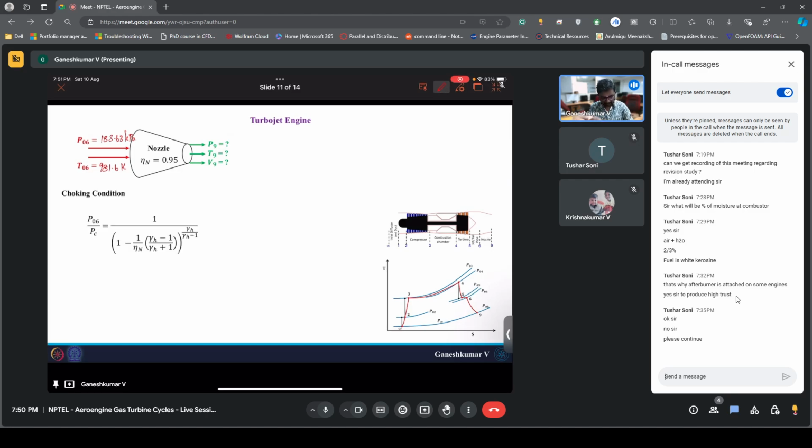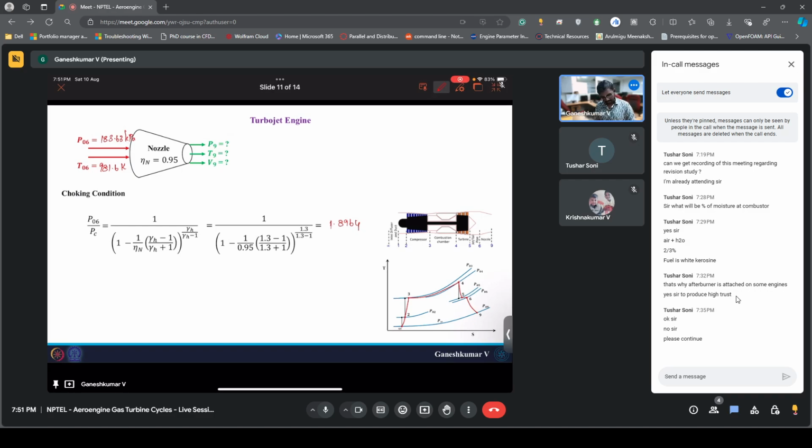For that we have the choking condition, which is P06 by PC. P06 is the inlet stagnation pressure for the nozzle. PC is the critical pressure. If you substitute these numbers, you will end up having something like 1.8964. You can verify these numbers.